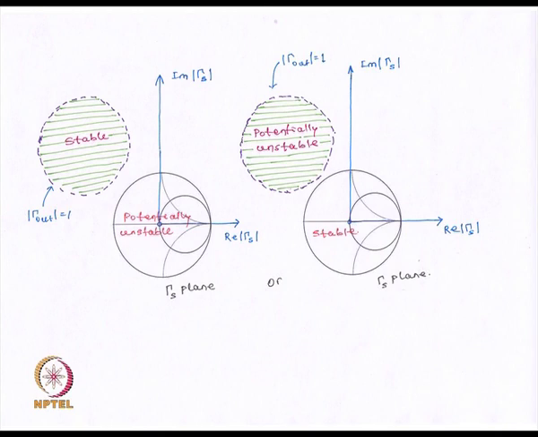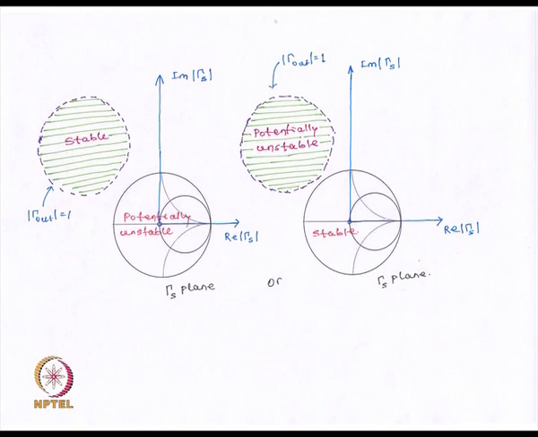So, again the procedure to find out the stable or the unstable regions is the same as the case when we dealt with the output stability circle. If modulus of S22 is lesser than 1, then that means the gamma S equal to 0 point is stable, because at gamma S equal to 0 we have gamma out equal to S22.